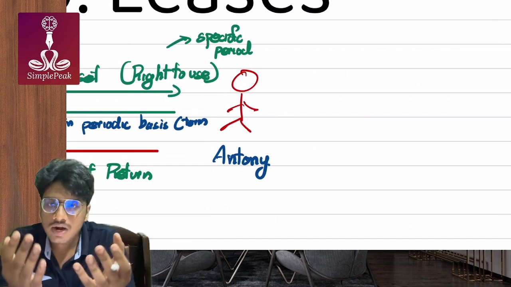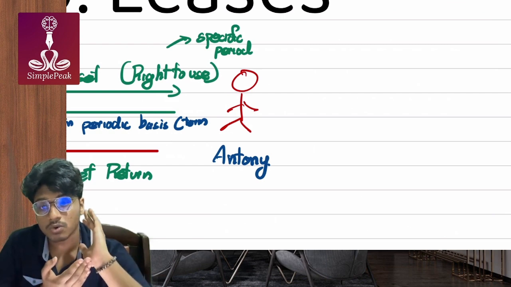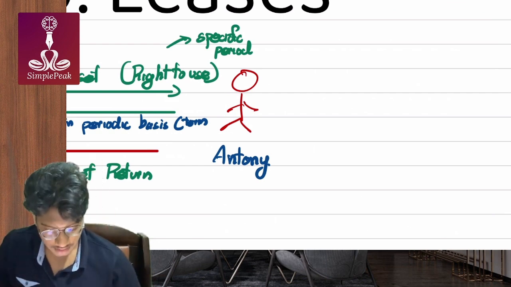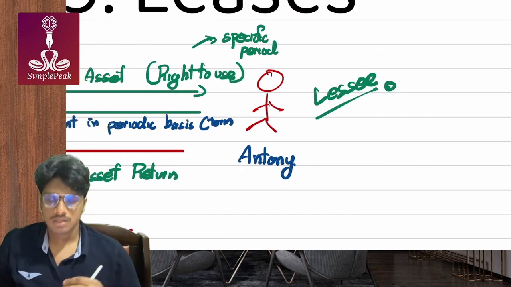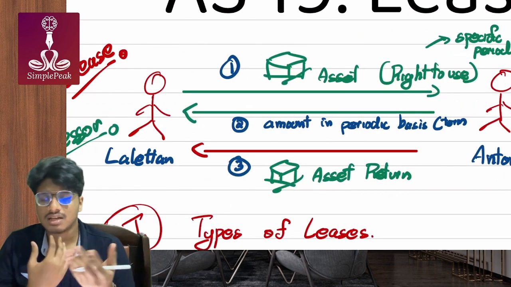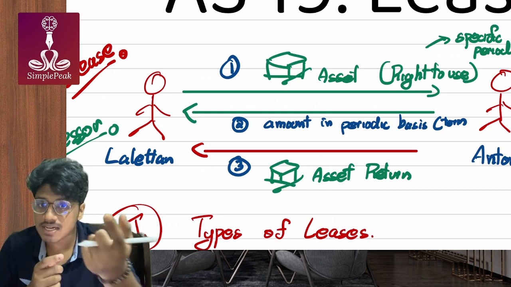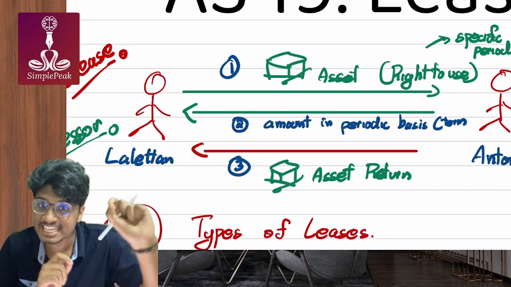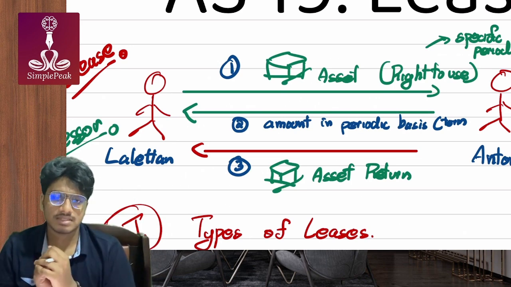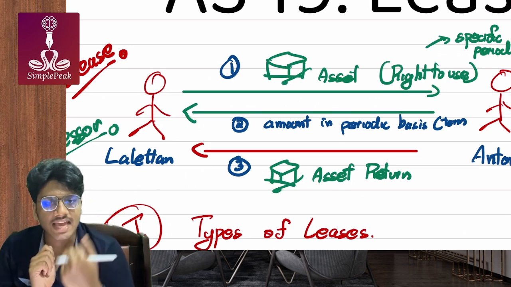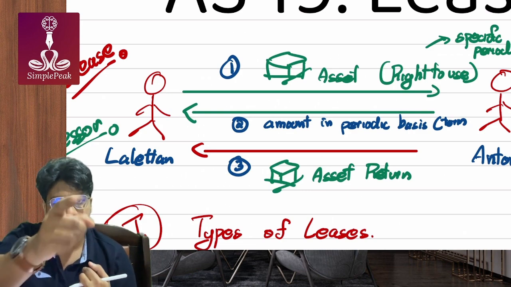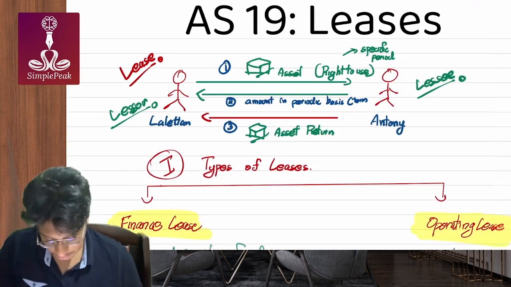The lessee is the one who gets the asset and makes the payment. So in our case, Layman is the lessor, Anthony is the lessee. I hope that's clear.